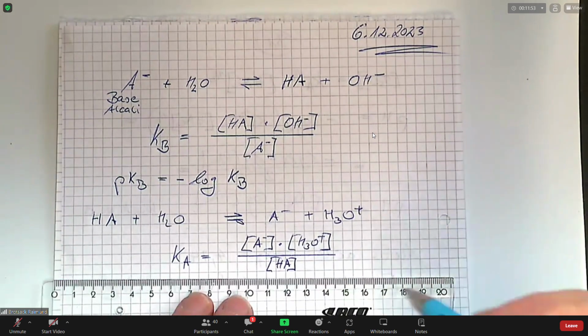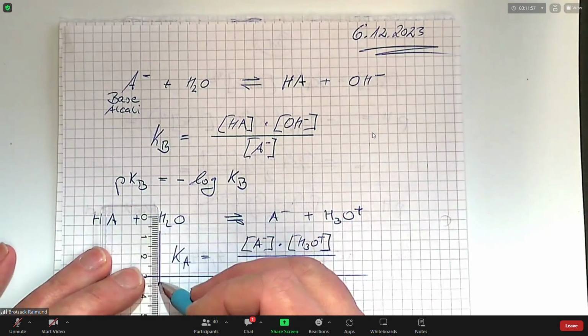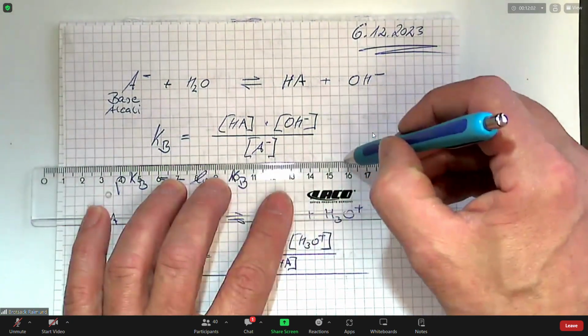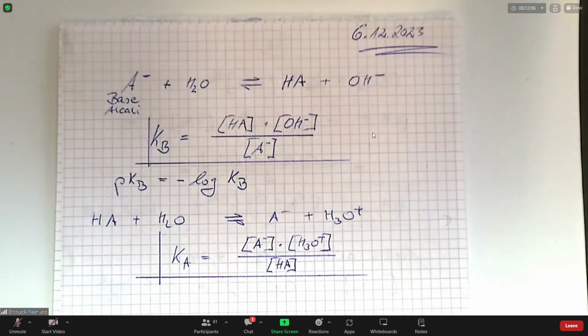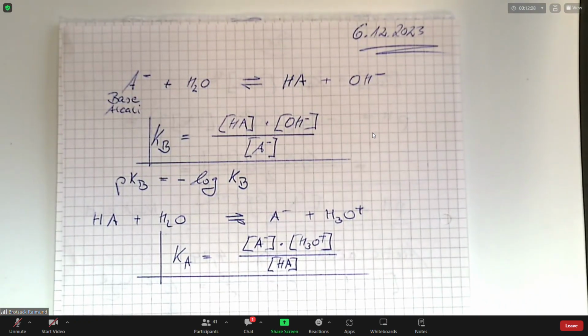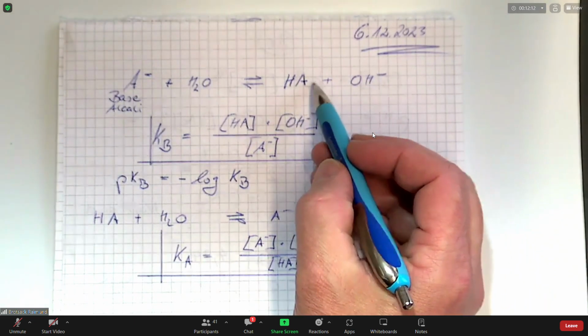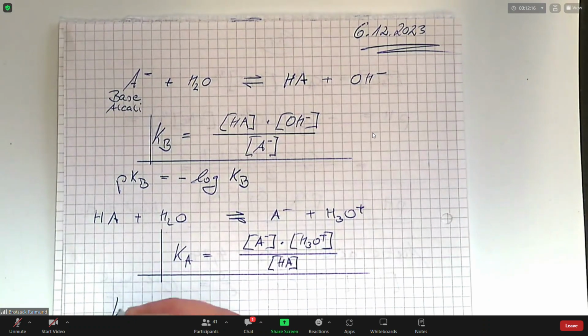This is 1. And the Kb is this one here. Now, here this is the acid, here this is the base. We just do it, Ka times Kb.